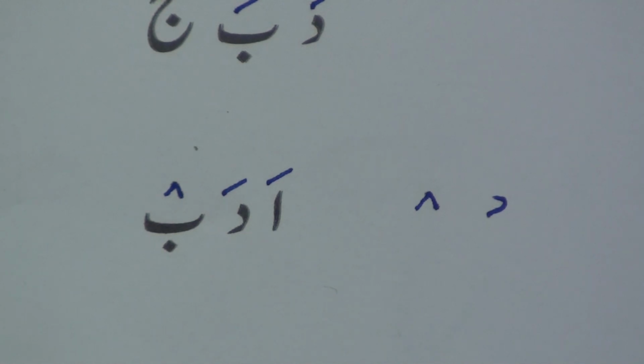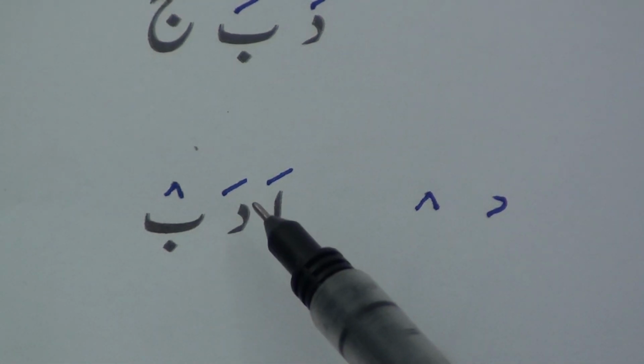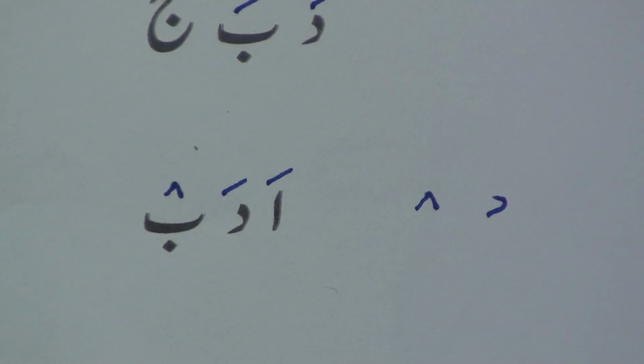So, alif zabar a, dal zabar da, and b, adam. This word is pronounced as adam. If instead of jazm, zabar were also on be, alif zabar a, dal zabar da, be zabar ba, then it would have been pronounced as adaba.